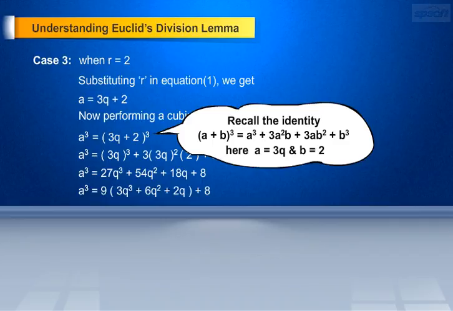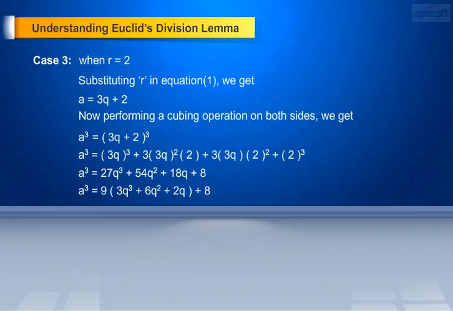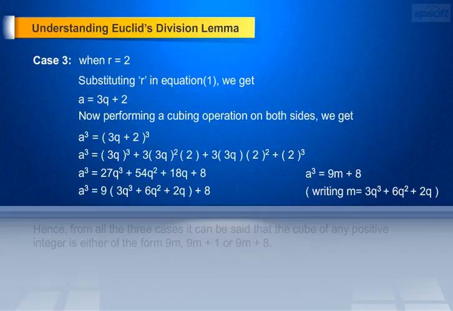Here a equals 3q and b equals 2. a cube equals (3q) whole cube plus 3 into (3q) square into 2 plus 3 into 3q into 2 square plus 2 cube. a cube equals 27q cube plus 54q square plus 36q plus 8. a cube equals 9 into (3q cube plus 6q square plus 4q) plus 8. a cube equals 9m plus 8. Writing m equals 3q cube plus 6q square plus 4q.